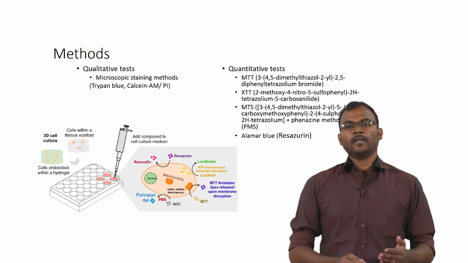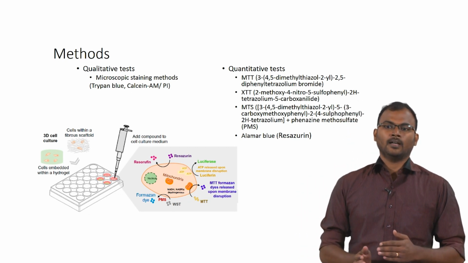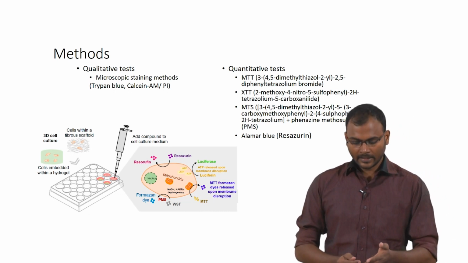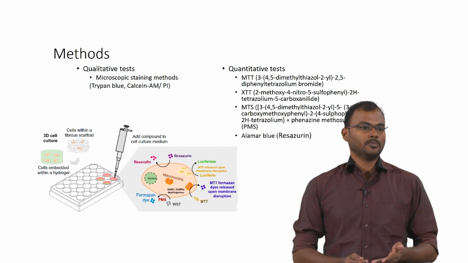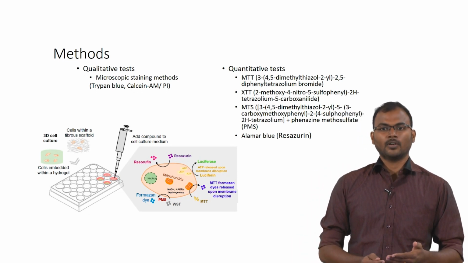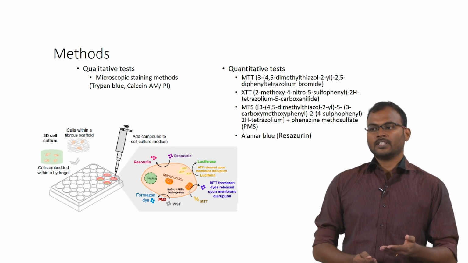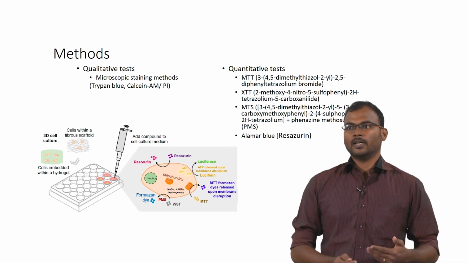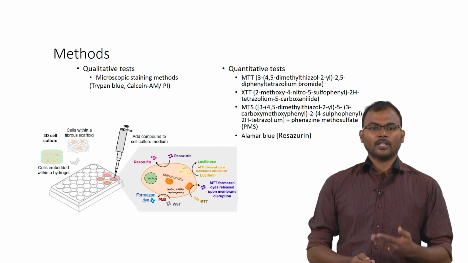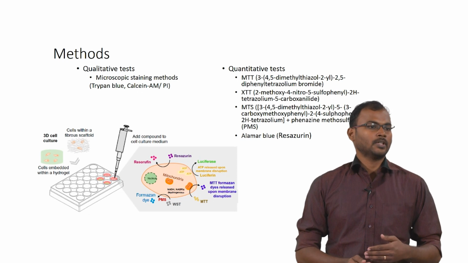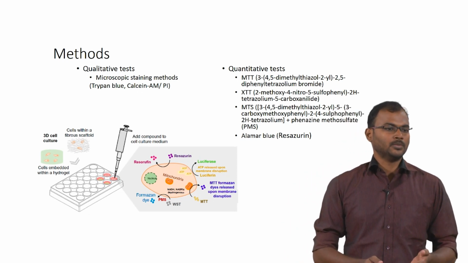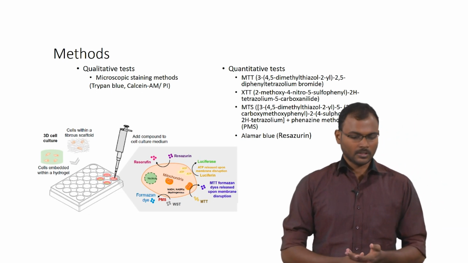So, MTT is a final-step reaction where you will kill off all the cells, but in XTT, MTS and alamar blue, the cells would be alive, because in MTT the formazan crystal formed is inside the cells. You have to estimate how much formazan has been formed, so you have to rupture the cells and dissolve them using a solubilizing agent like DMSO to check the absorbance of the formazan crystals formed.